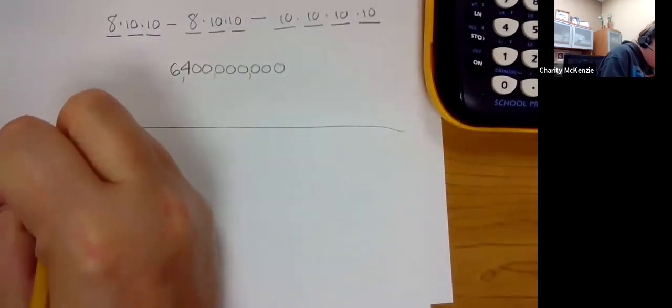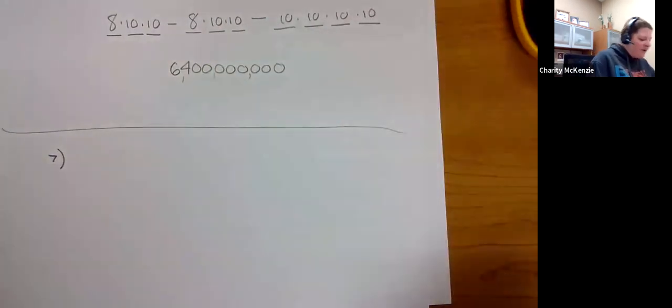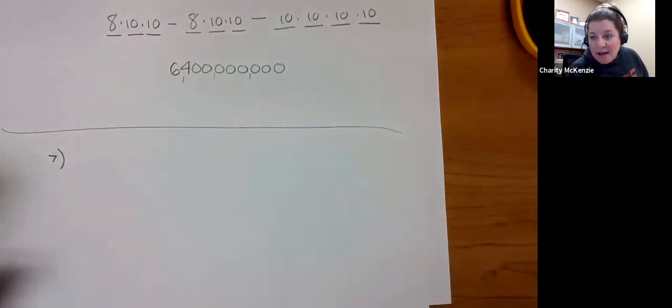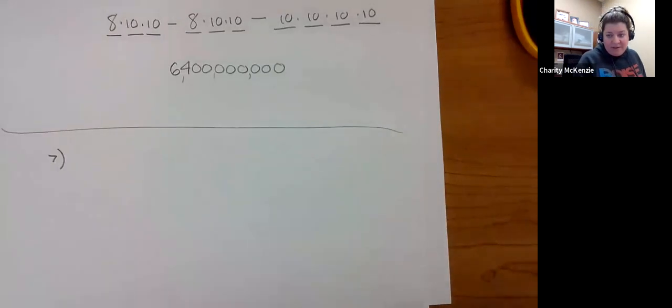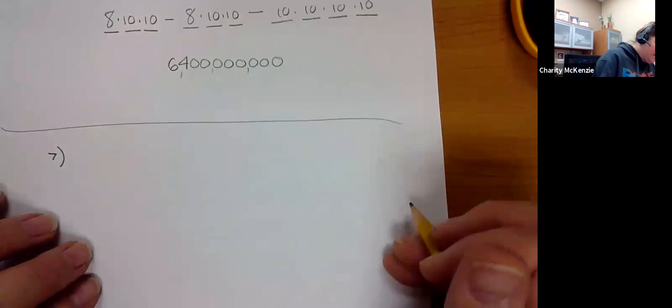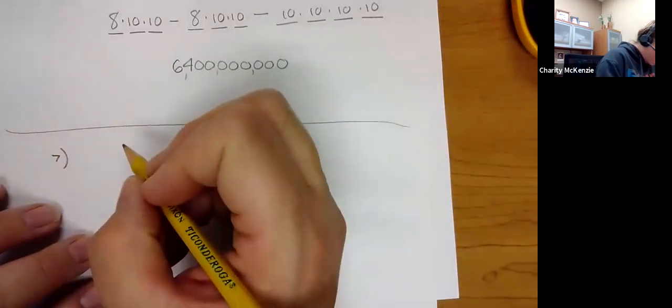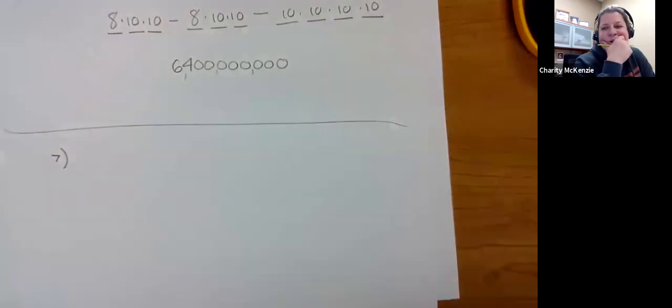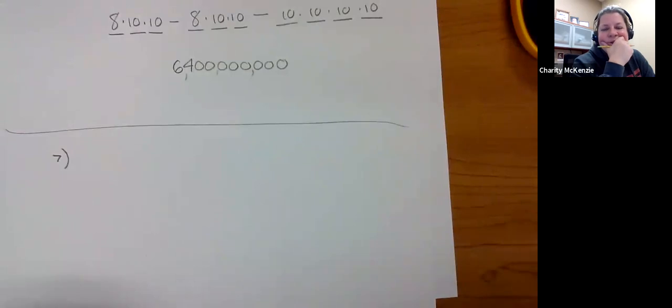What if it was like, here's what I'm thinking of. So this is problem 7. What if you had 5 places to place at a race? You have 5 people.